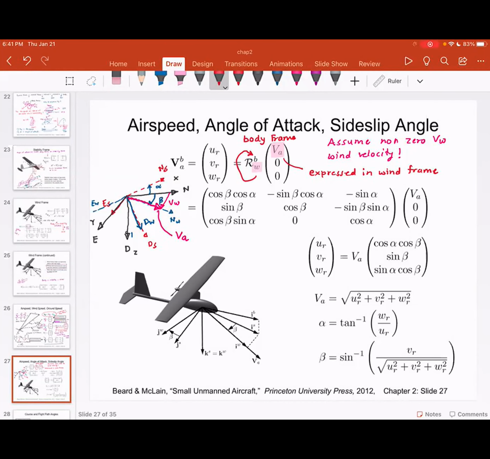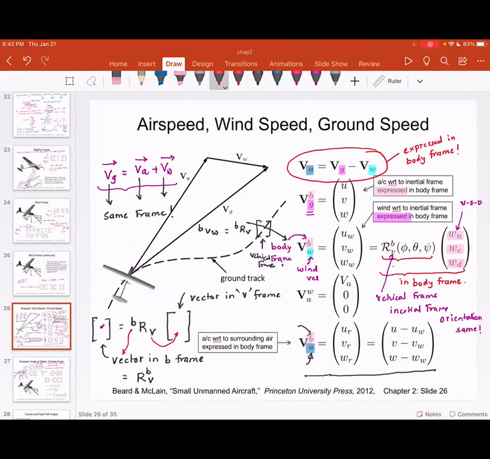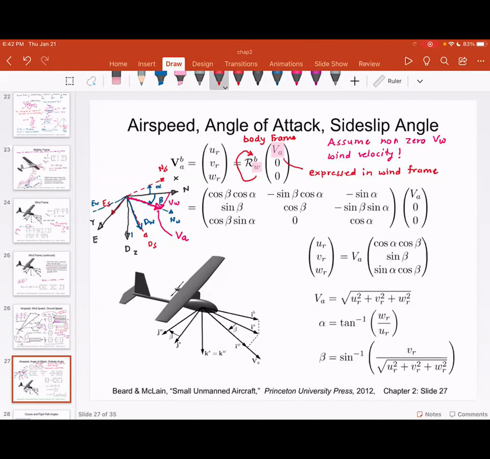So once again, what are we trying to do? We are trying to express the airspeed in body frame, ground speed in body frame, and wind speed in body frame. Now, when we have a non-zero wind velocity, the airspeed or the aircraft velocity is aligned with the north direction of the wind frame. That's why please note here there is zero, here there is zero, because the wind frame aligns the airspeed to the north direction of the wind speed.